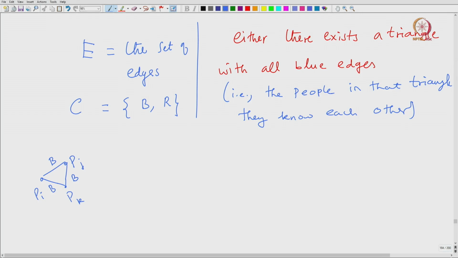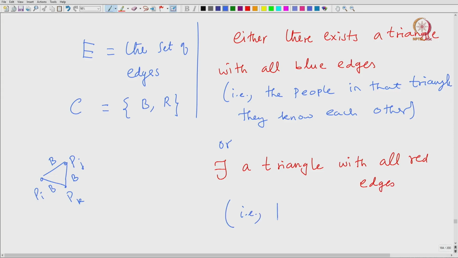And similarly, either this happens or we can guarantee that there exists a triangle that contains only red edges. So, that means the people in that triangle, they do not know each other.